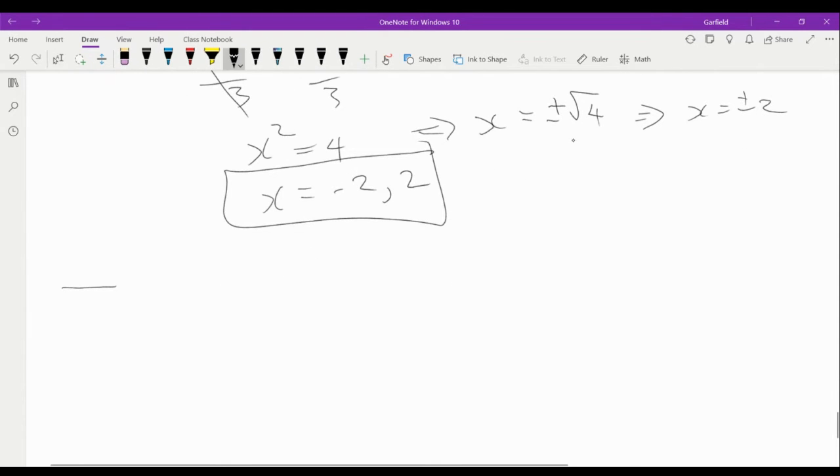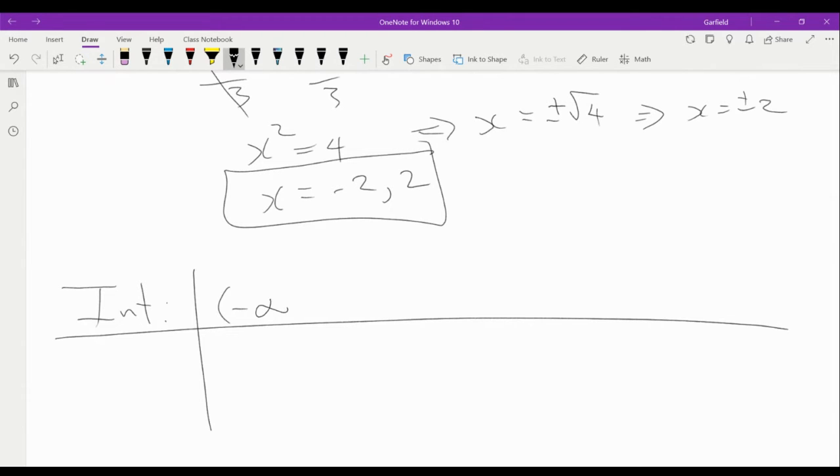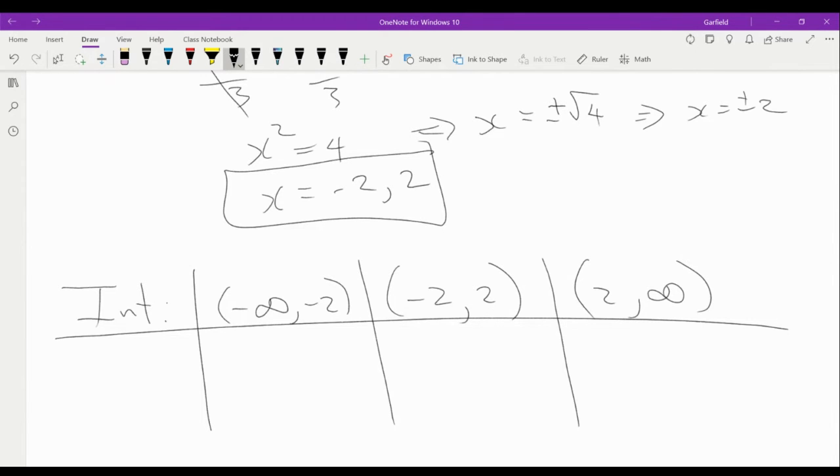So what do we want to do now? We're going to set up our table. Our intervals will be from negative infinity to negative 2, from negative 2 to 2, and from 2 to infinity. If you think about this, it's like our number line.